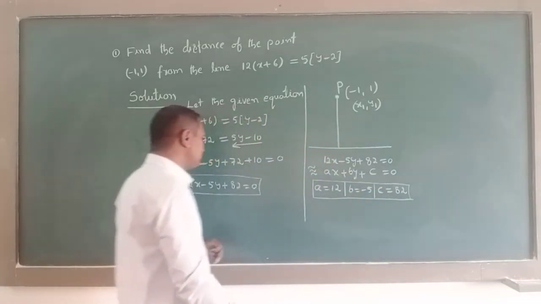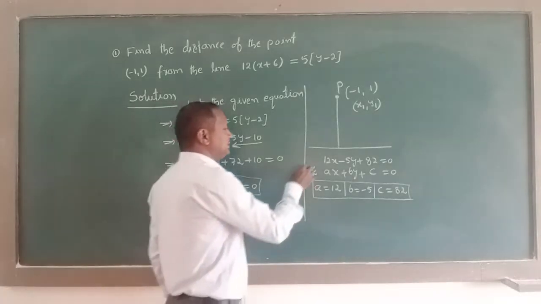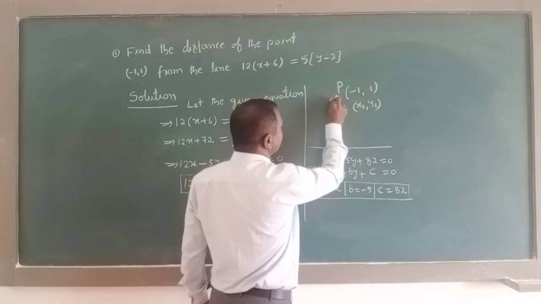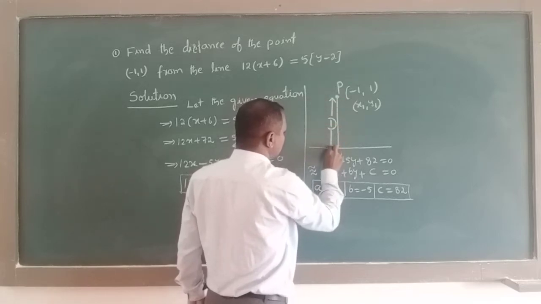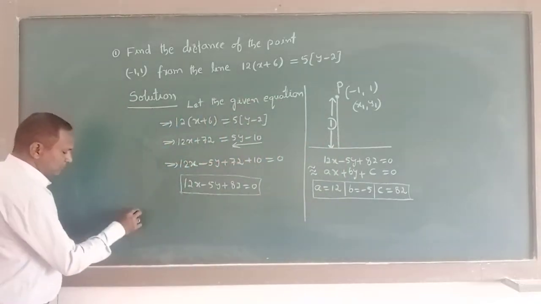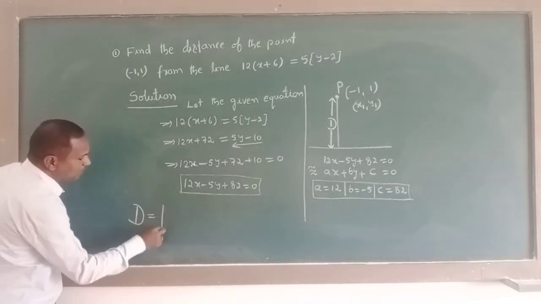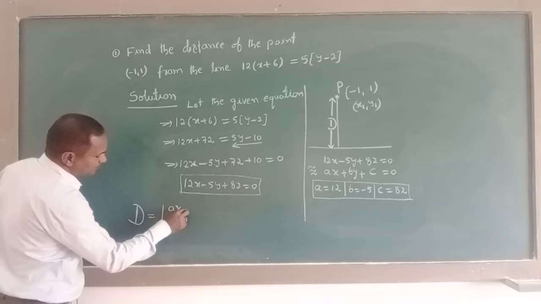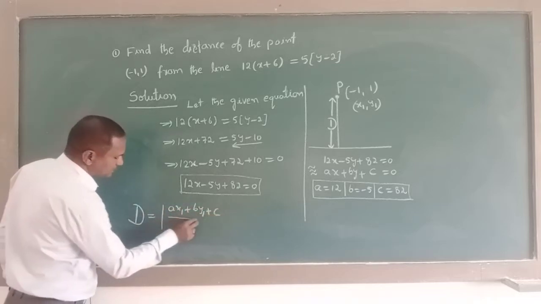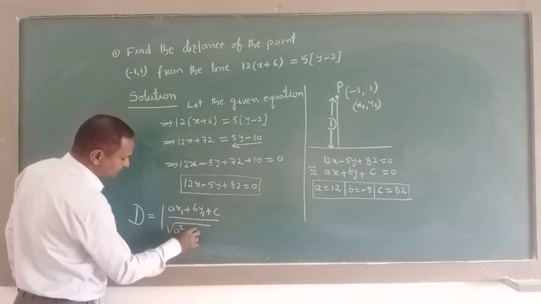Now here we have to apply the length of the perpendicular distance from point P to the line. Consider capital letter D. For the length of the perpendicular distance, the formula is D is equal to modulus of ax1 plus by1 plus c, whole divided by square root of a square plus b square.